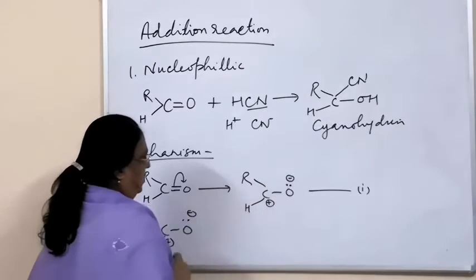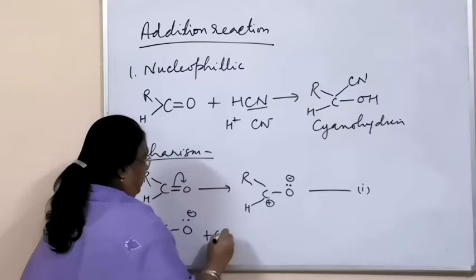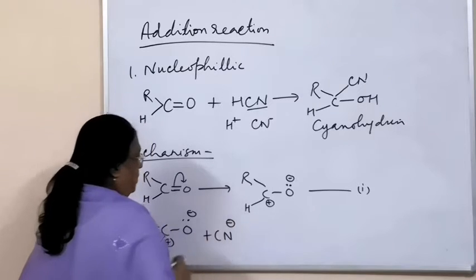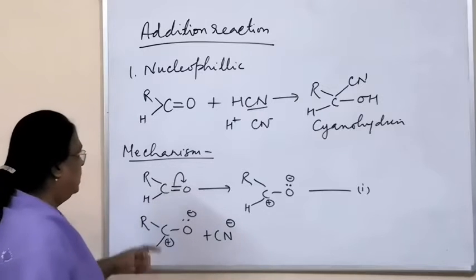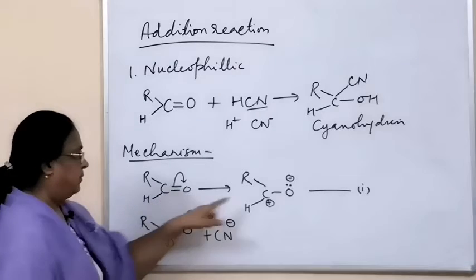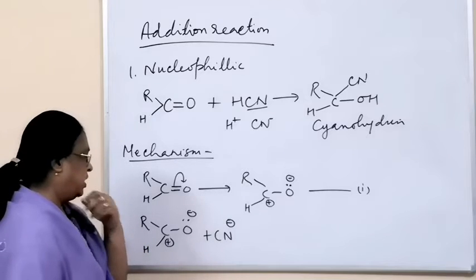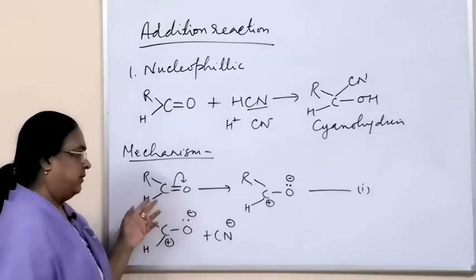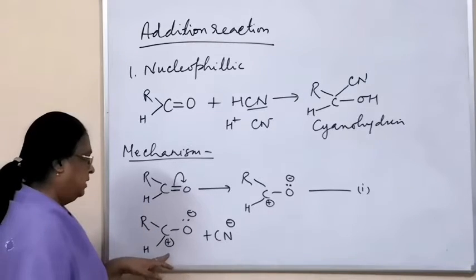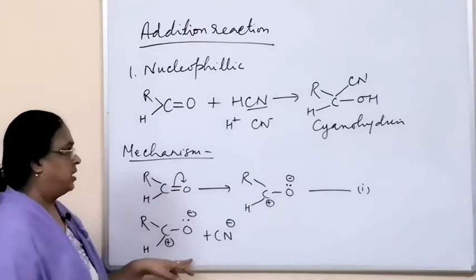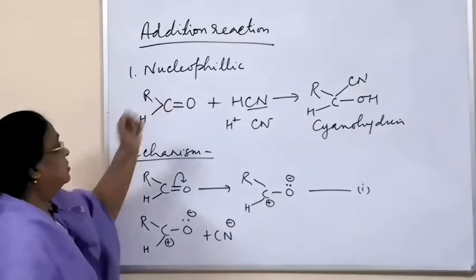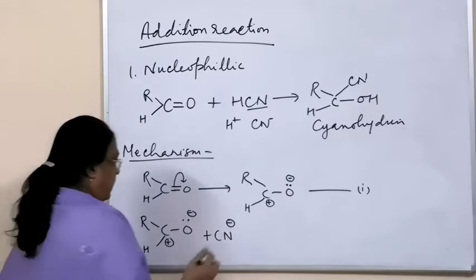That's why the nucleophile will get a chance to attack. This carbon is called the carbonyl carbon. This carbonyl carbon has a positive charge, or you can say it has a deficiency of electrons. That's why the nucleophile will get the chance to attack first. Hence it is called nucleophilic addition reaction.